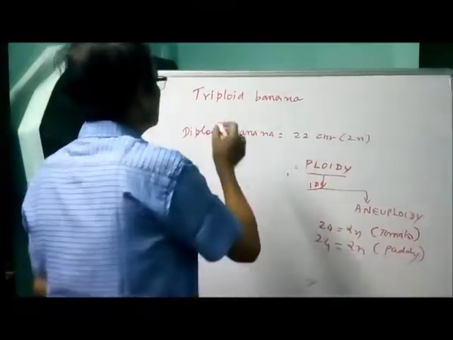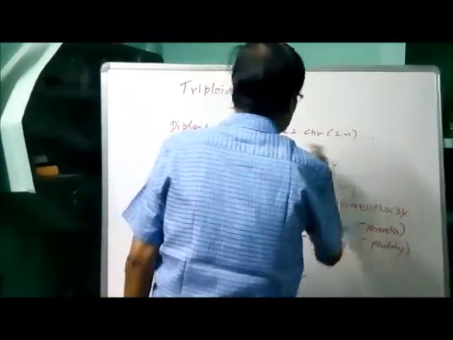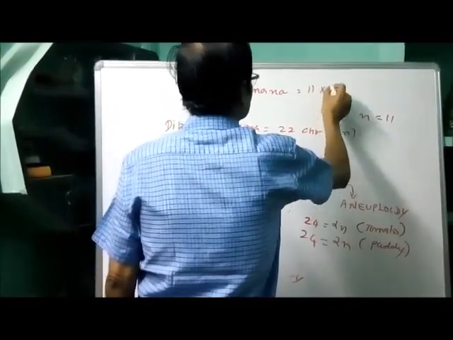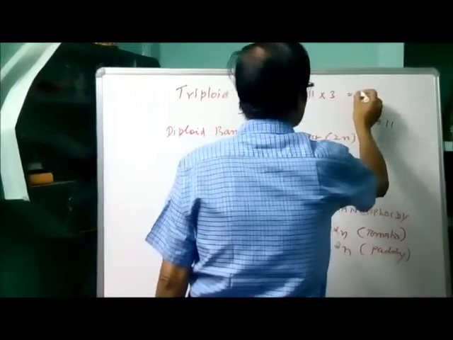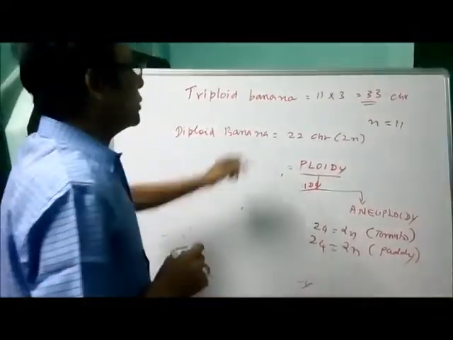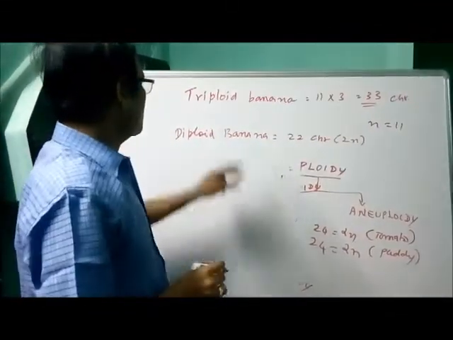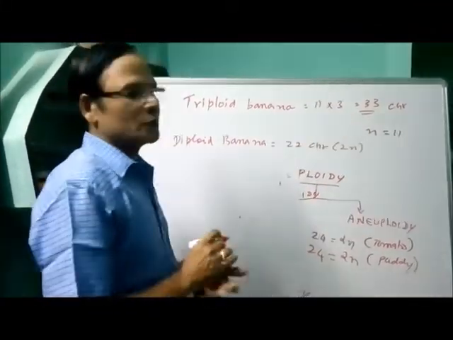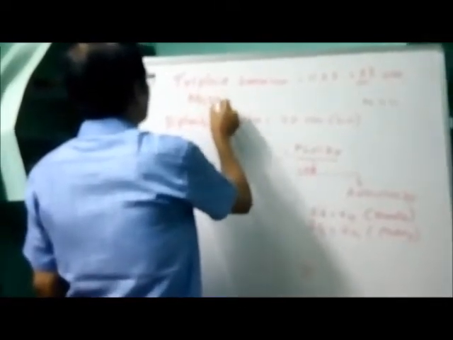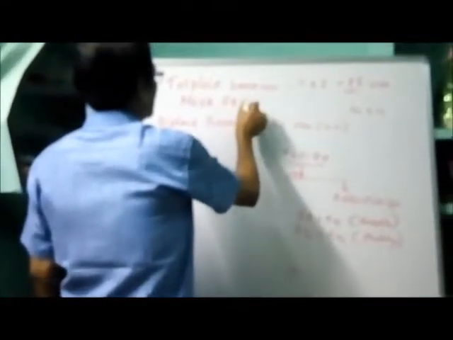But in the case of triploid banana, as n is equal to 11, it has three sets of haploid chromosomes, so 33 chromosomes. In diploid banana, we have 22 chromosomes. The scientific name of the banana is Musa paradisiaca.